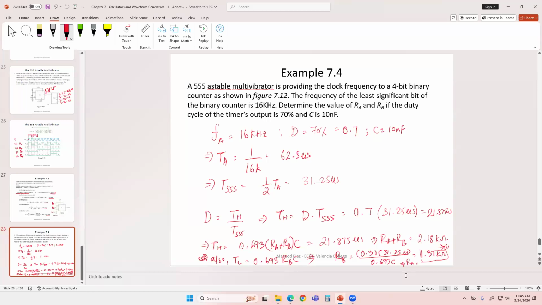What is that? 800 ohm something? 810 ohm. RA will be 810.